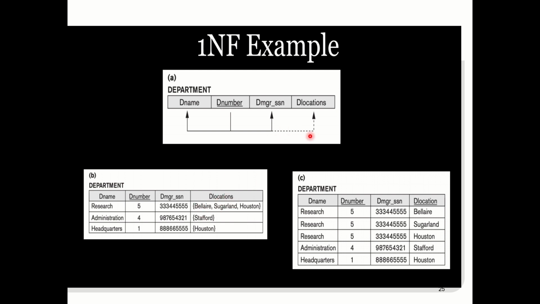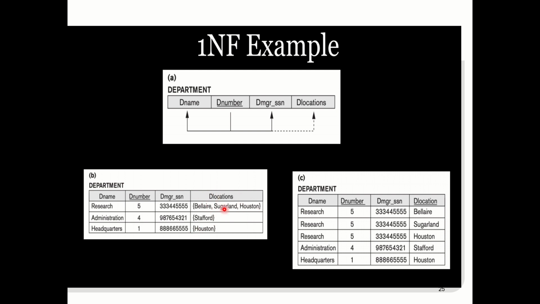You can see that in this functional dependency there are dashed lines. The dashed lines show that D number is functionally dependent on D locations, but D locations is a multi-valued attribute. So D number is associated with D locations, but D locations is a multi-valued attribute. That is the meaning of it.